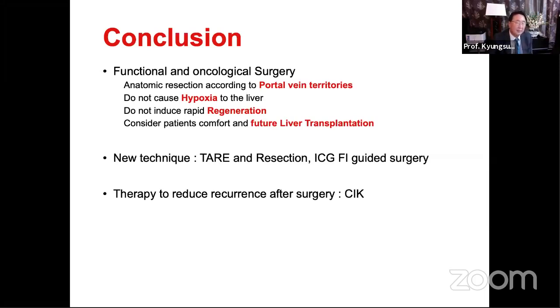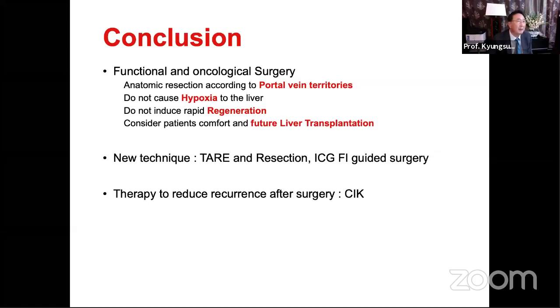I don't think so much about the Pringle maneuver. It is only 15 to 30 minutes sometimes, 15 minutes on and 15 minutes off, so it is a very temporary hypoxic condition.